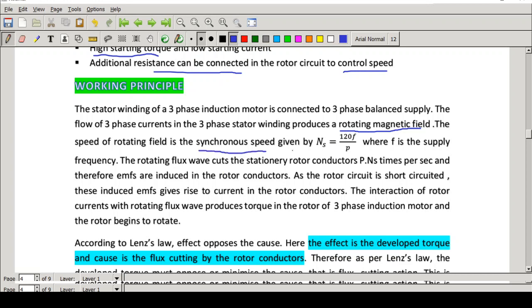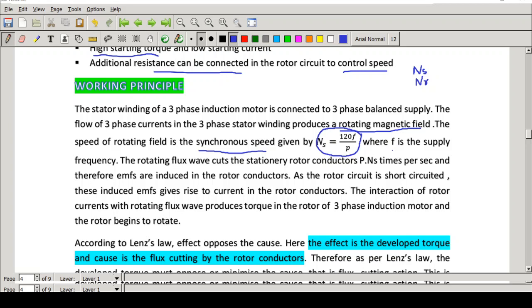The synchronous speed is usually represented by the letter Ns, and the speed of the rotor is represented by the letter Nr. Now what is the equation for the synchronous speed? The equation is Ns = 120f/P.